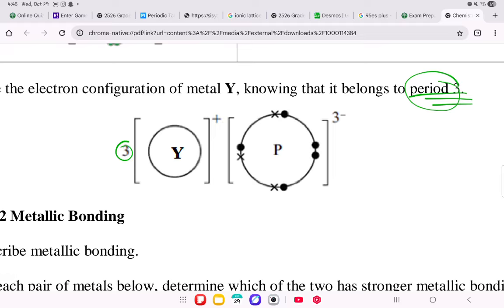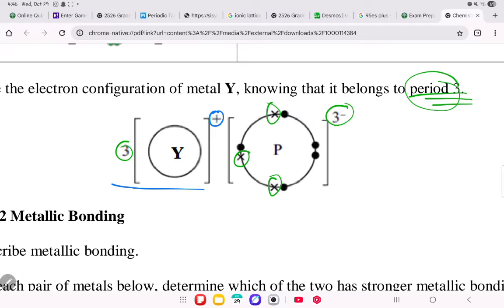Now, if you go to phosphorus, you will see that it's 3-. That means it gains 3 electrons. These 3 electrons are not initially for phosphorus, they were gained. This means that each of the 3 Y plus gave one single electron to the phosphorus.